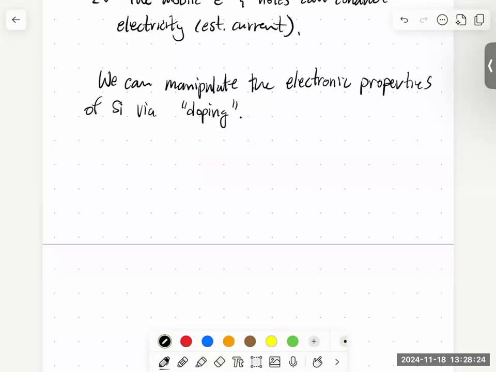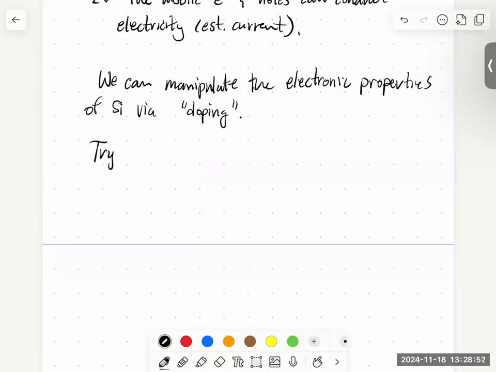And so we're going to dope these things. What does doping mean? What we're going to do is take an occasional silicon atom and try to replace it with something else. We're going to replace it with a dopant atom that has 3 or 4 valence electrons. Sorry, 3 or 5 instead of 4. And let's see what happens if we do that.